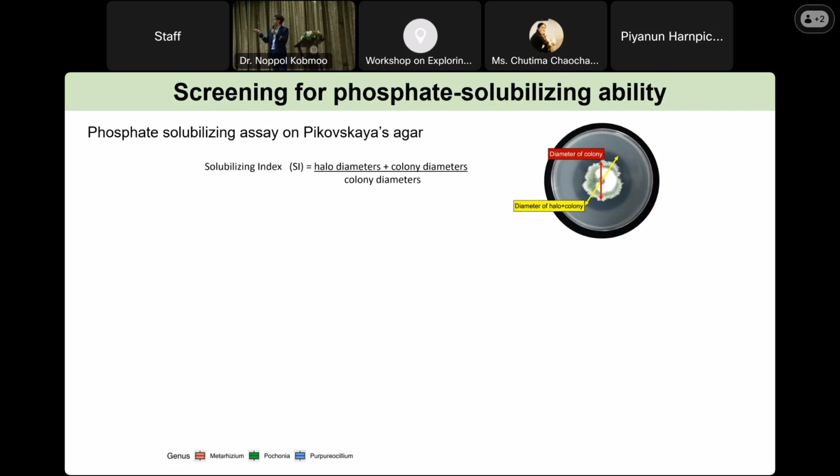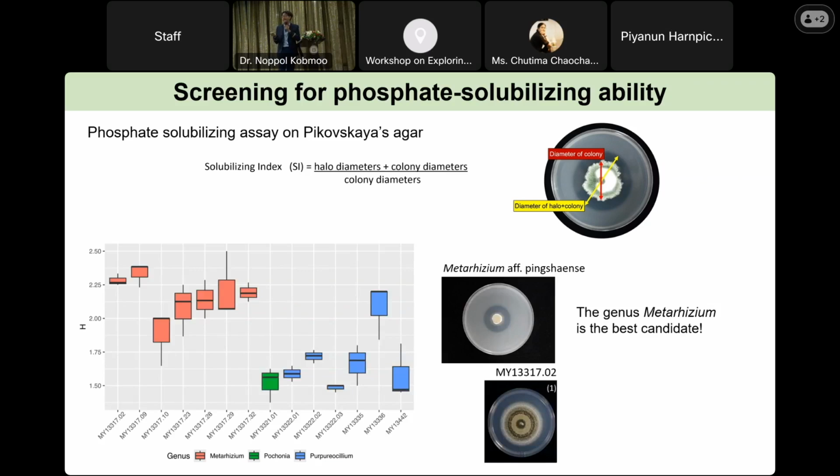It will produce halo zones around the colony. The proportion of the halo zone compared to the size of the colony gives you the phosphate solubilizing index, which tells you whether it can solubilize phosphate well or not.